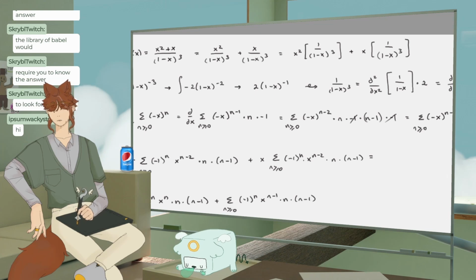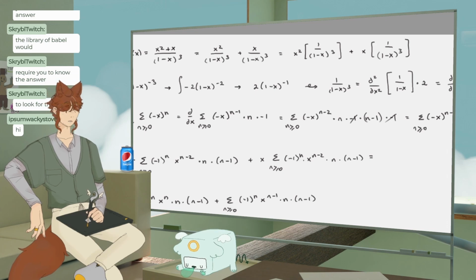Let me pull up Desmos, because I just want to make sure I do my integrals right. From 1 minus x, 1 minus x quantity cubed.